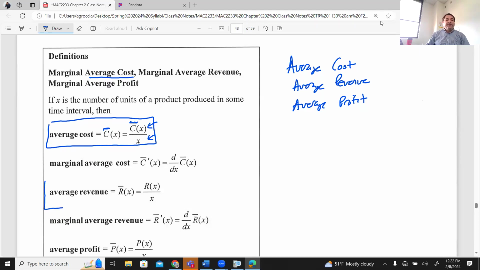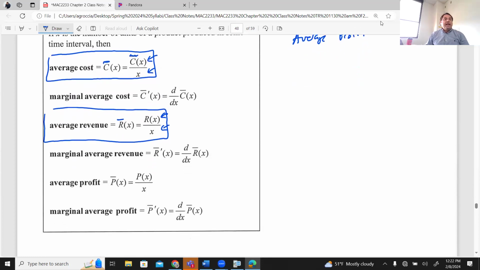Same thing for revenue. If you want to find average revenue, that's R with a bar on it, right? You just take revenue and divide by x. If you want to find average profit, that's with a bar over the P, you just take profit and divide by x.